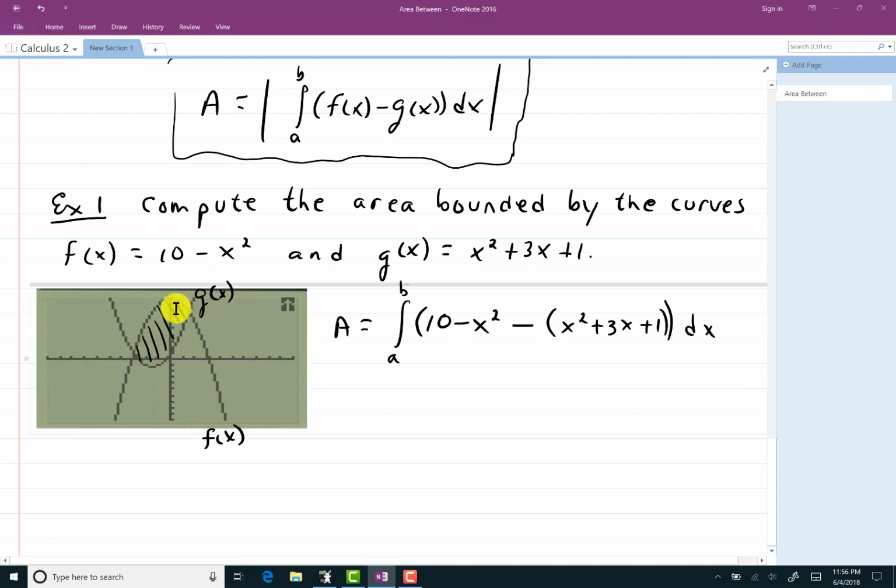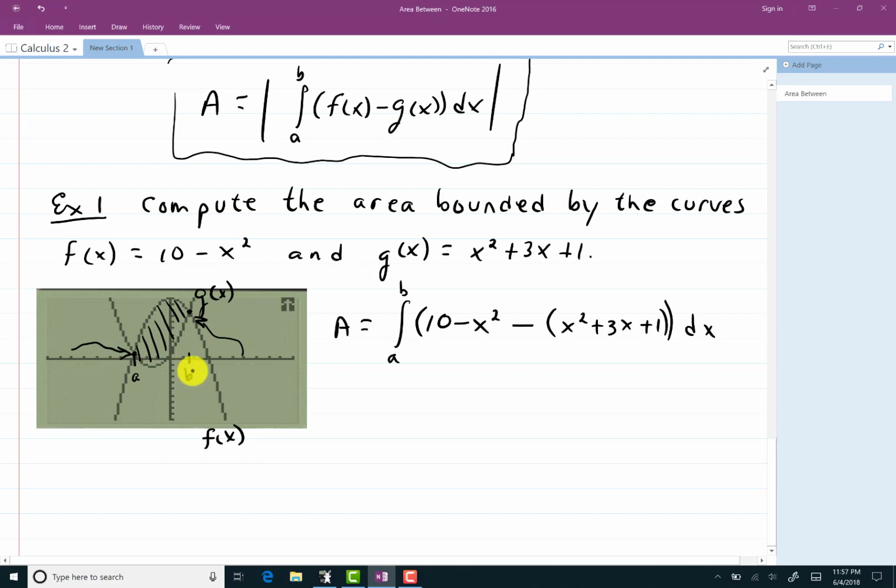I need to figure out the places where these two functions intersect. So I need this spot right there. That's the beginning of the interval. And then I need that one over there, which is the end of the interval. So down under here, that'll be a, and down under here, that'll be b.